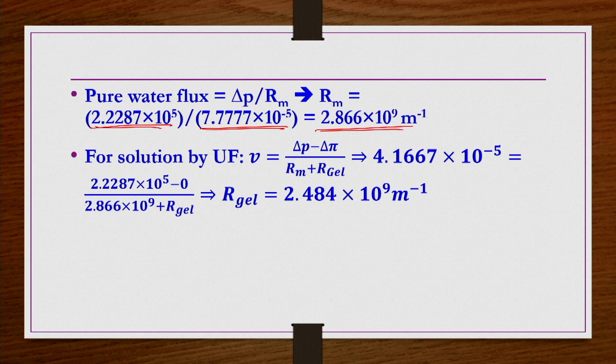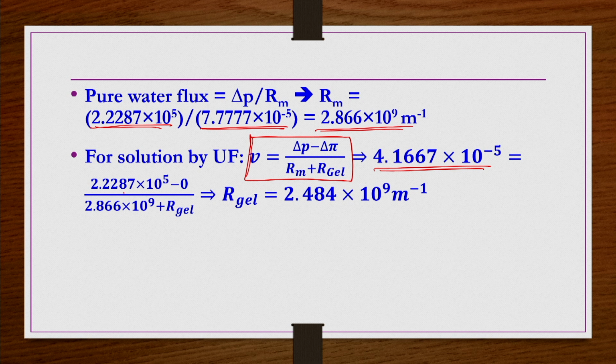okay. So, similarly for solution, this equation we know permeate flux is nothing but delta P minus delta pi by Rm plus R gel. Permeate flux is given as 150 liter per meter square hour, which we converted into meter per second like this.